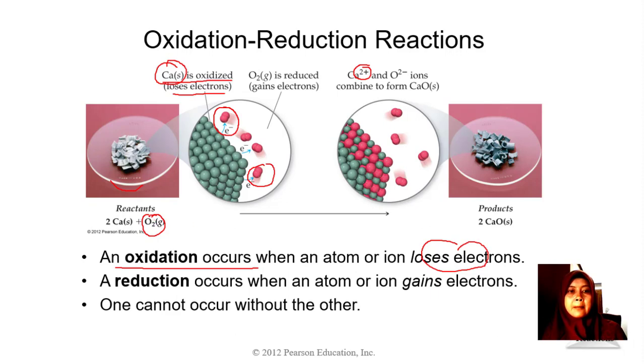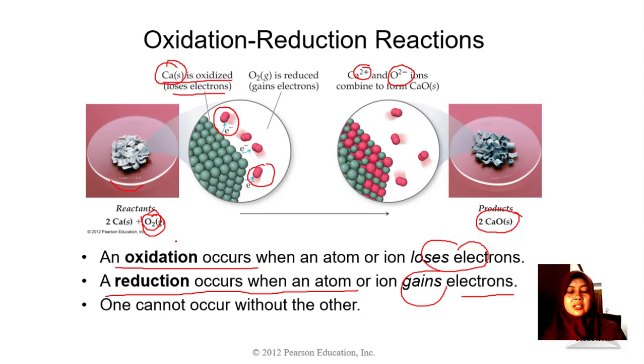That makes the oxygen O2-, and the product of the calcium and oxygen will be calcium oxide. Here we have a summary: oxidation occurs when an atom or an ion loses an electron, and reduction occurs when an atom or ion gains an electron.